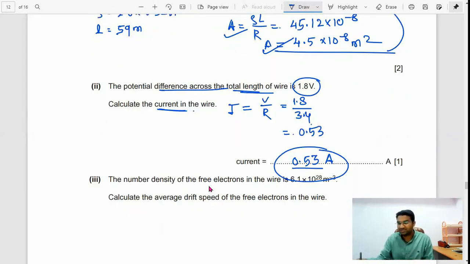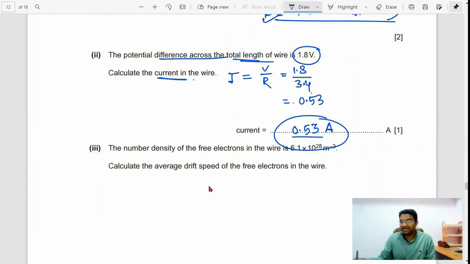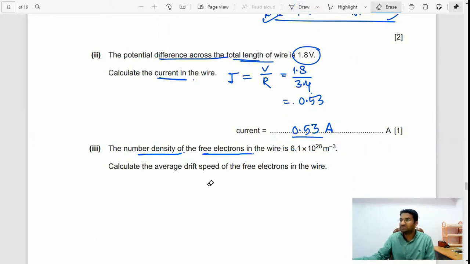Now, the third part. Next, the number density of free electrons in the wire is 6.1 times 10 raised to 28 meter raised to negative 3. Okay, this is just the density given, right? And calculate the average drift speed of a free electron in the wire.